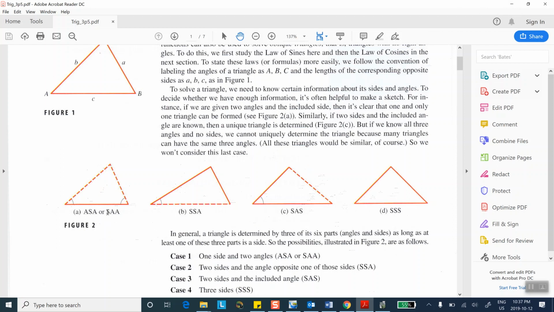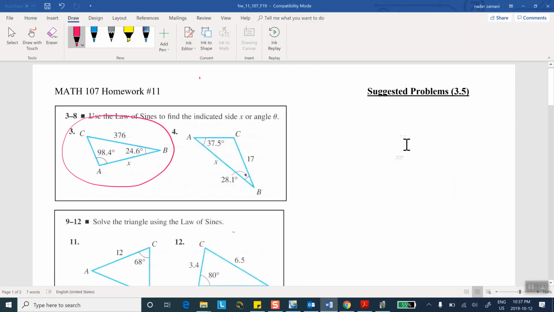Two angles given and a particular side. And that particular side is not actually the side between these two angles. So it fits this description, a side, angle. But we don't really care.